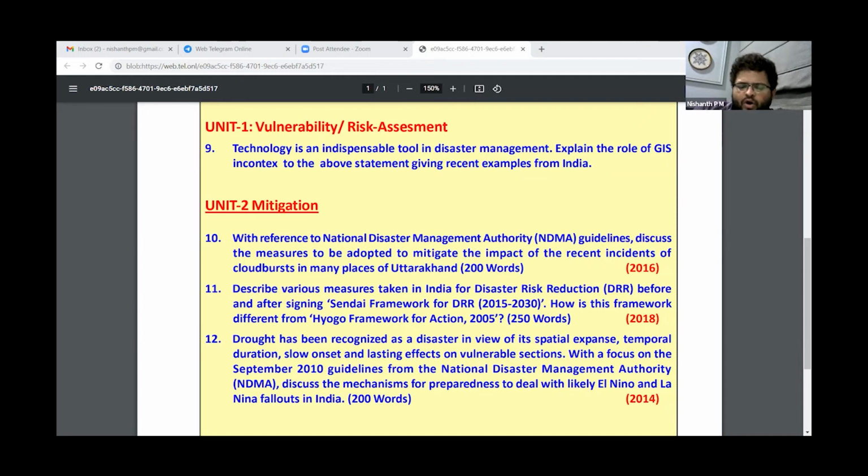You need to know the particular differences between the two frameworks, and also what measures were taken by India between these two frameworks. We all know, you can introduce by saying that whenever disasters occur, they impact the natural way of life.